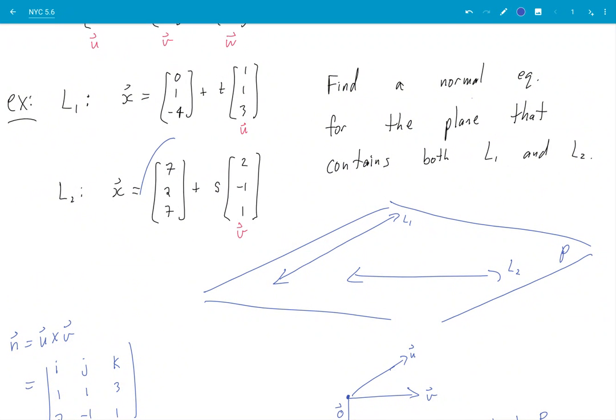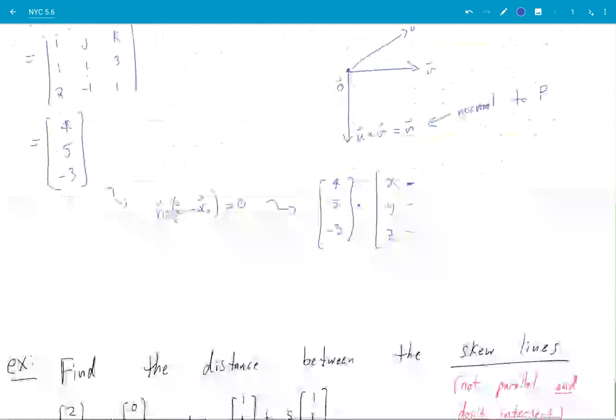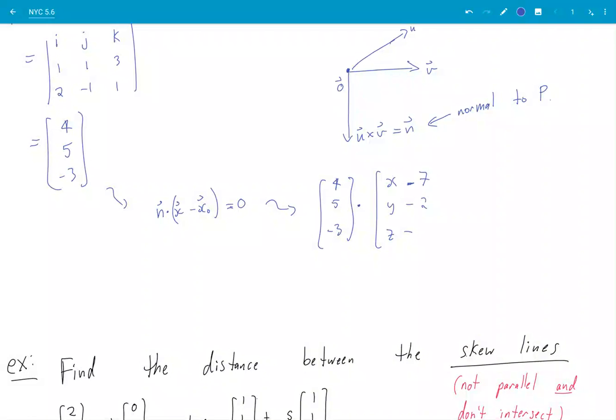I can use either one. I'll use this 7, 2, 7. Again, 7, 2, 7 is on L2. L2 is in the plane. So 7, 2, 7 is on the plane. And I work this out, and I will get 4x plus 5y minus 3z is equal to 17.